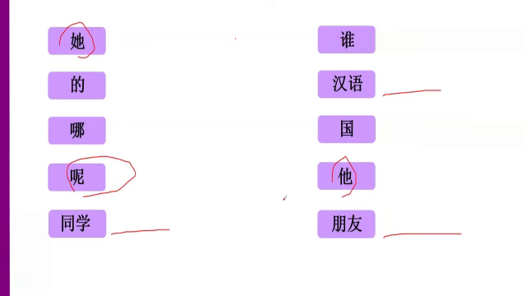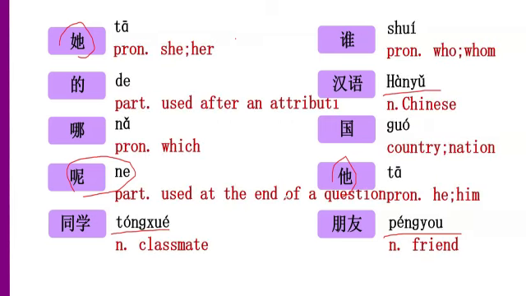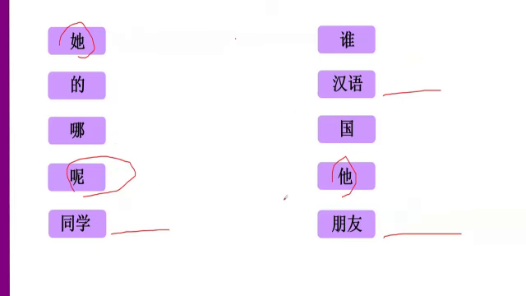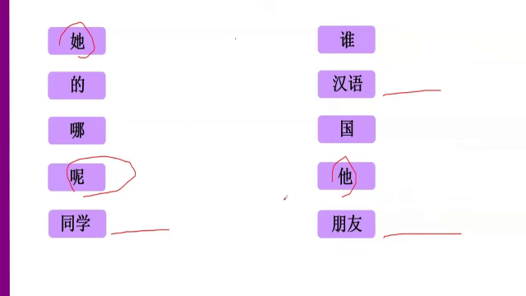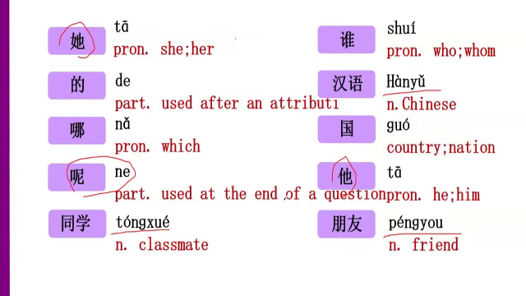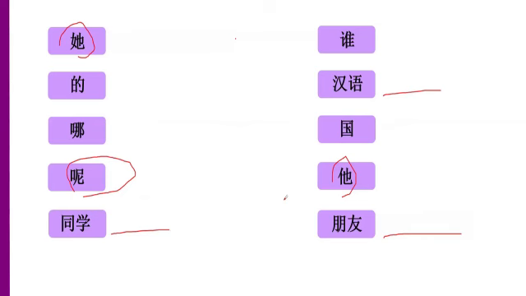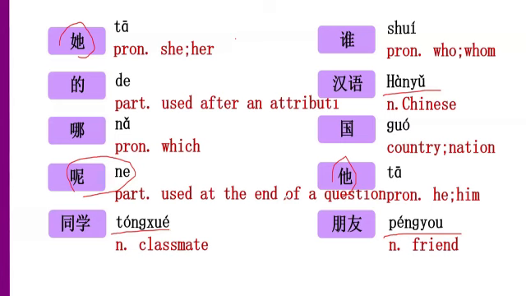Classmate, 同学, very good. Who or whom, 谁, shui, very good. Friend, 朋友, very good. And she or her, 她, very good.